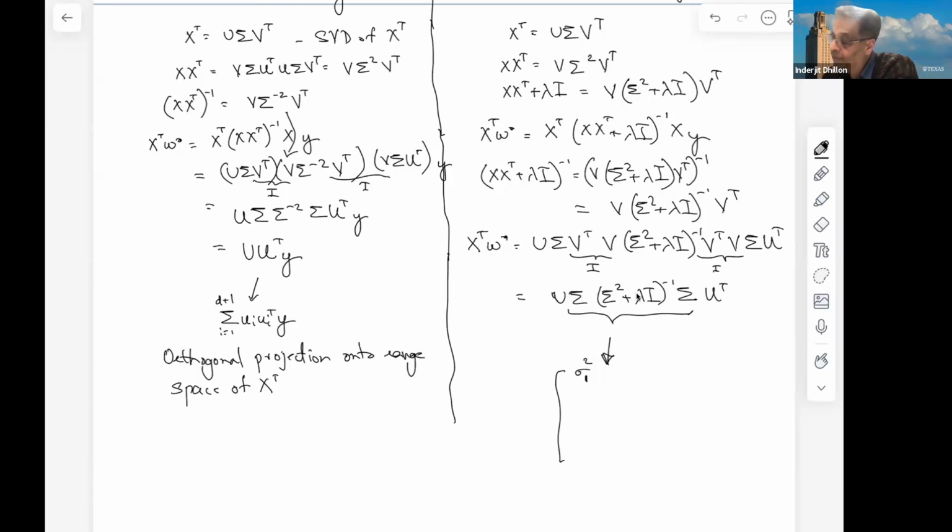So it becomes sigma 1 square divided by sigma 1 square plus lambda. The second element is sigma 2 square divided by sigma 2 square plus lambda, and all the way.